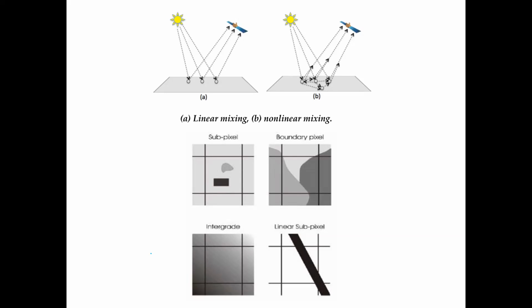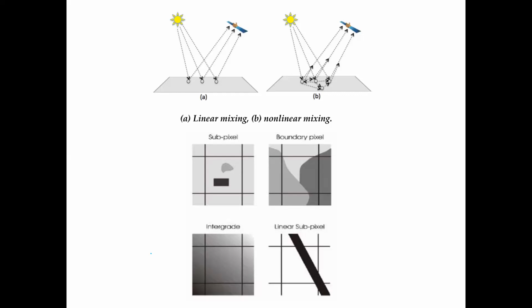It hits a tall building, might hit an aeroplane or a bird, and then it might go to the atmosphere. This is a case of non-linear mixing. I will talk about this later.